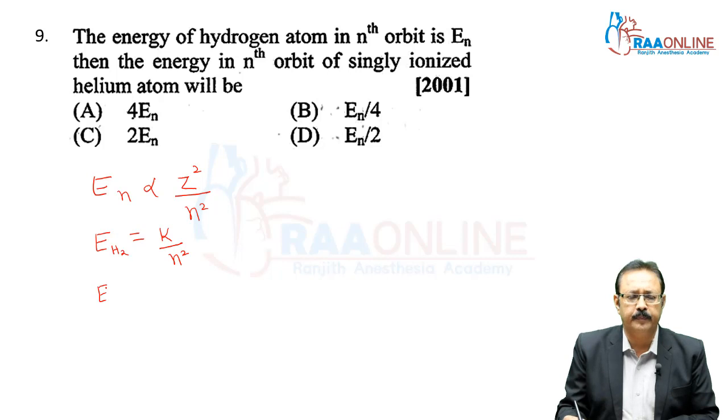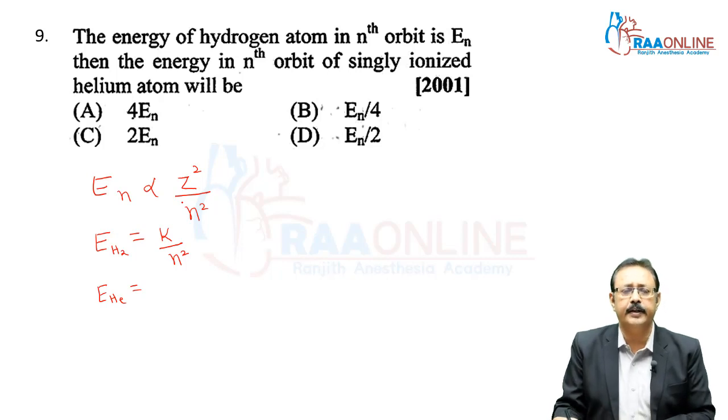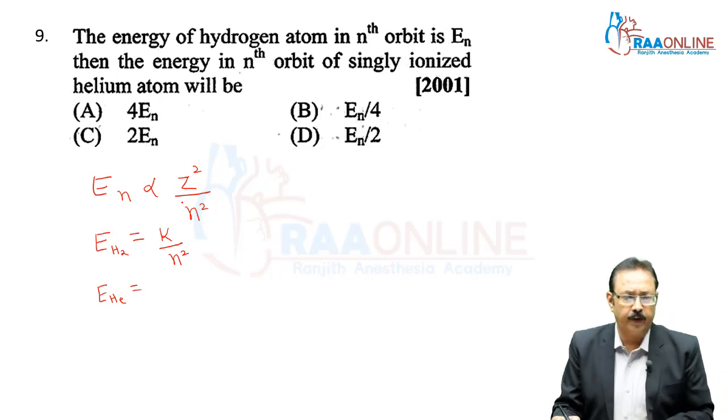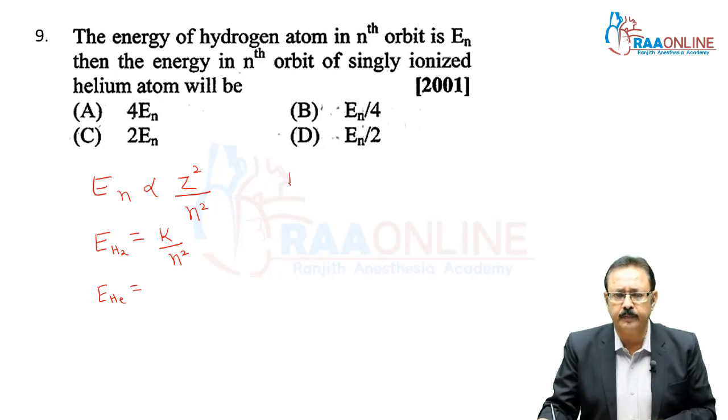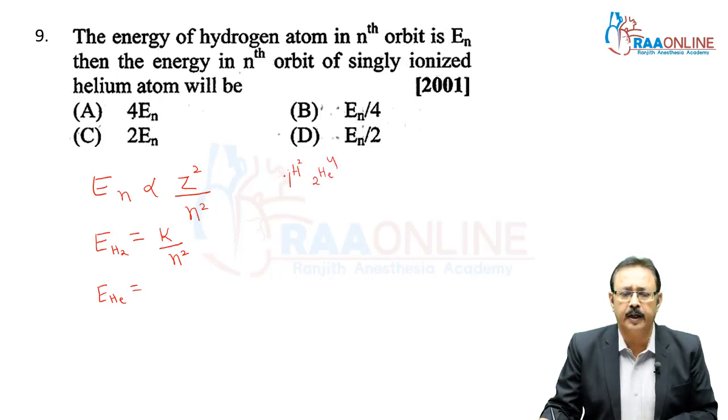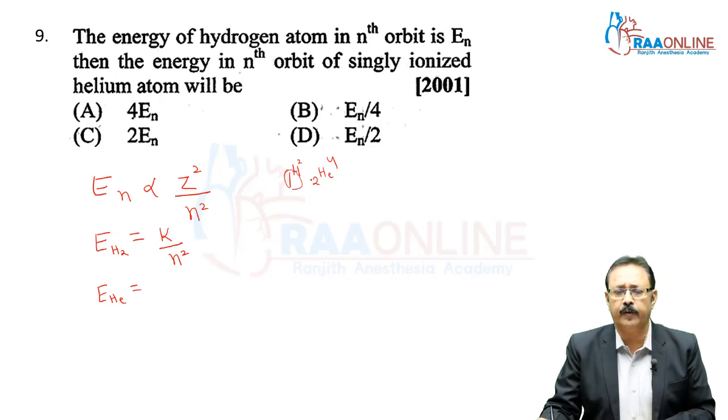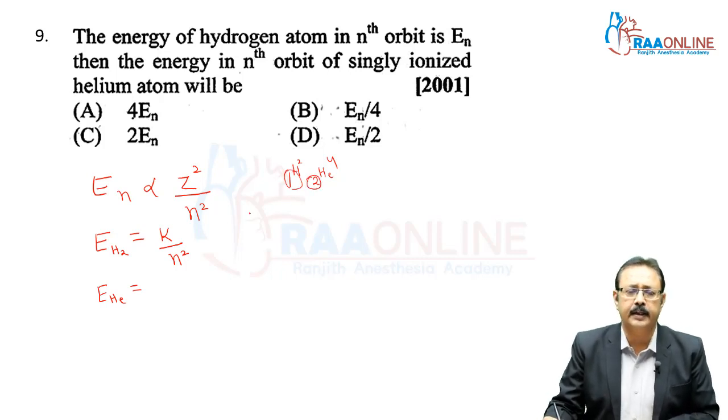For helium, 2He4, and hydrogen 1H2, for hydrogen atom z was 1, for helium atom z is 2.